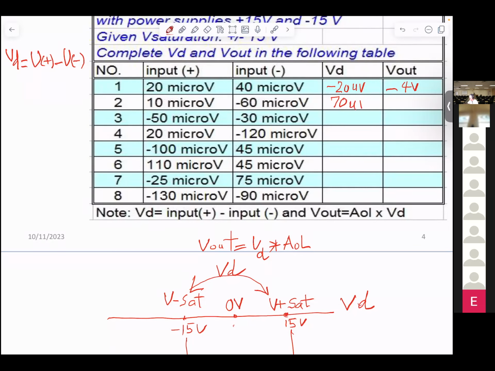So 60 plus 10 is 70. And then it's times 200,000. And what do you get? 14.